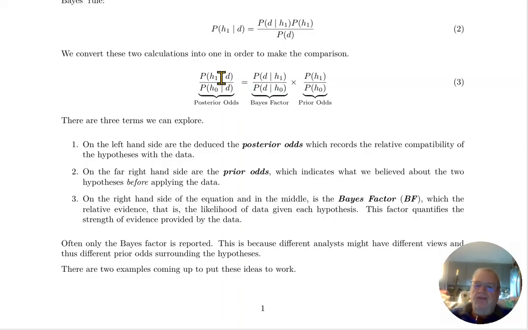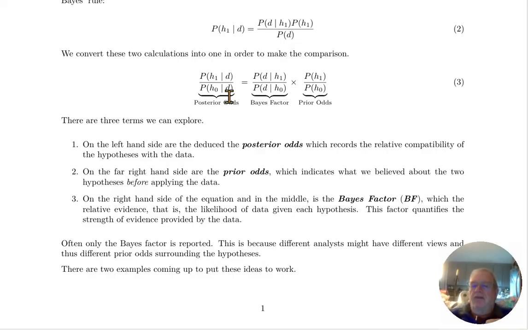Consistency of hypothesis 1 versus hypothesis 0, consistency of what? The hypotheses with data. If this works out to 3 to 1, then we would say hypothesis 1 is 3 times more consistent than hypothesis 0, given the same data.